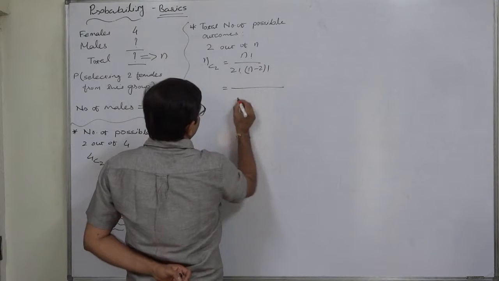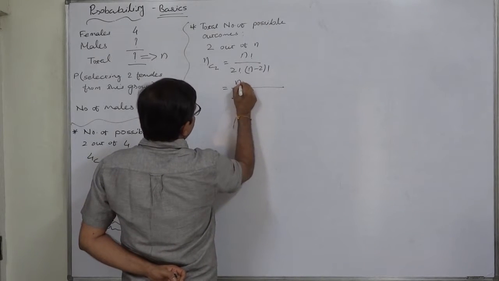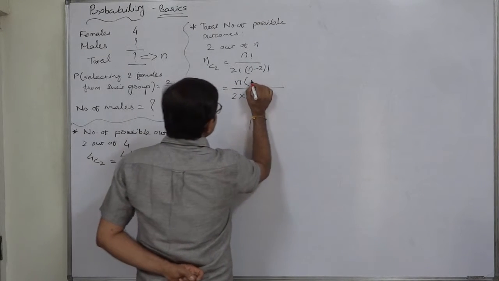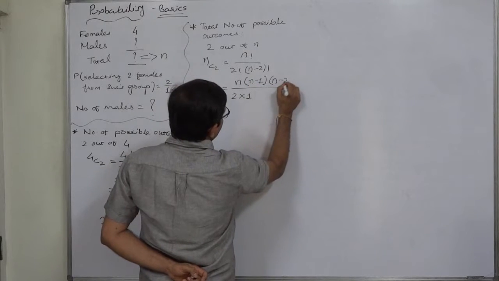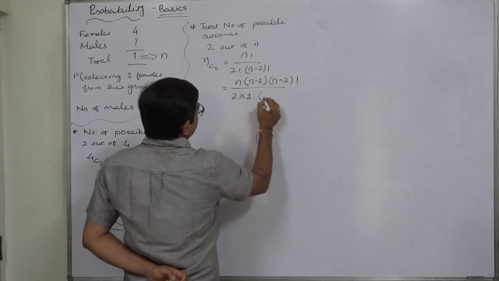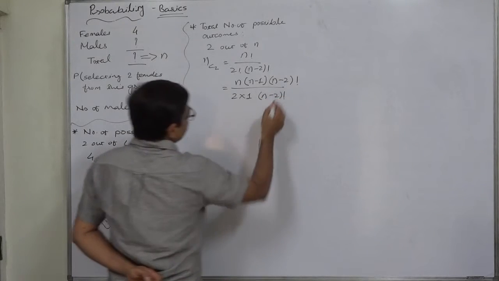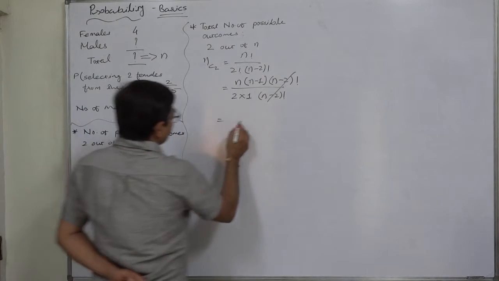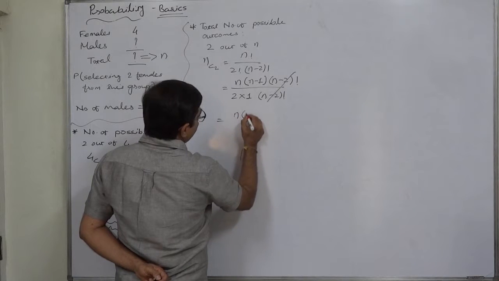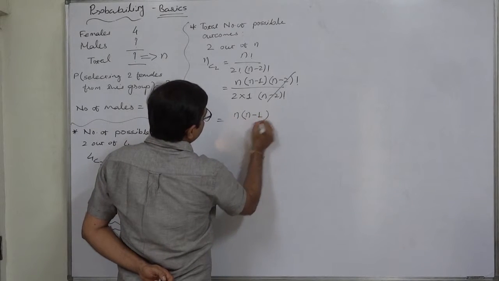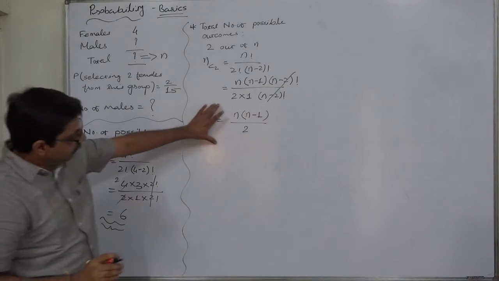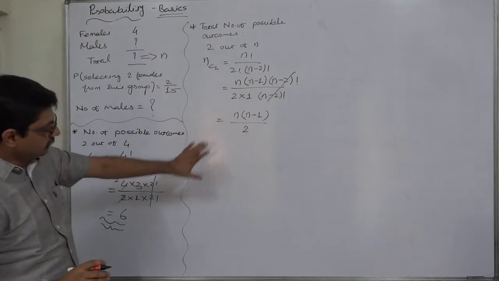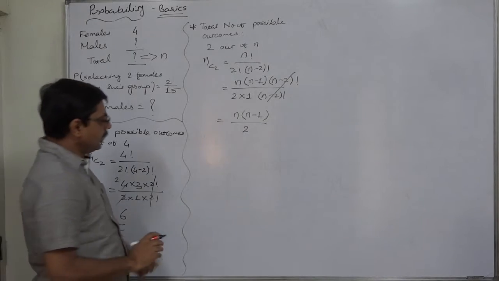That is n into n minus 1 into n minus 2 factorial, and n minus 2 factorial can be cancelled. So ultimately the total number of outcomes is n into n minus 1 upon 2. Now we cannot go further, but something we have.